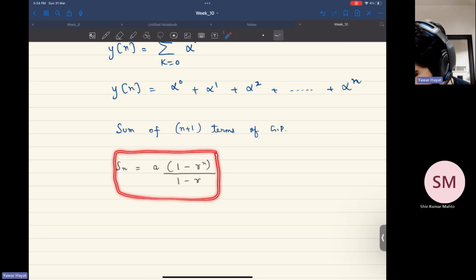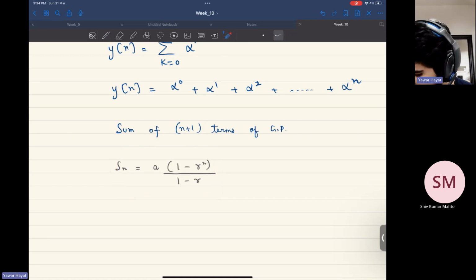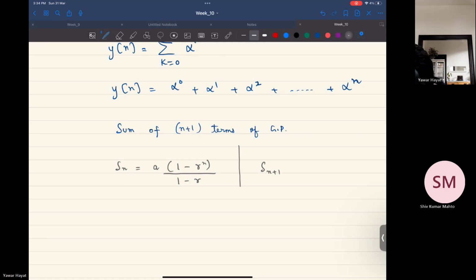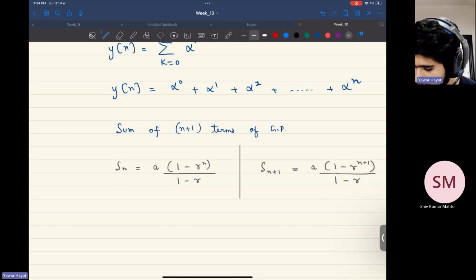But we have n plus 1 terms, so we'll replace this n by n plus 1 in this formula. That is equal to a times 1 minus r raised to n plus 1, all divided by 1 minus r, right?